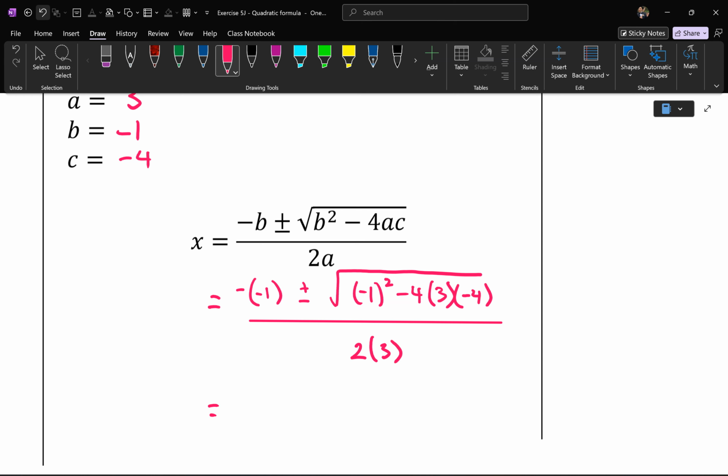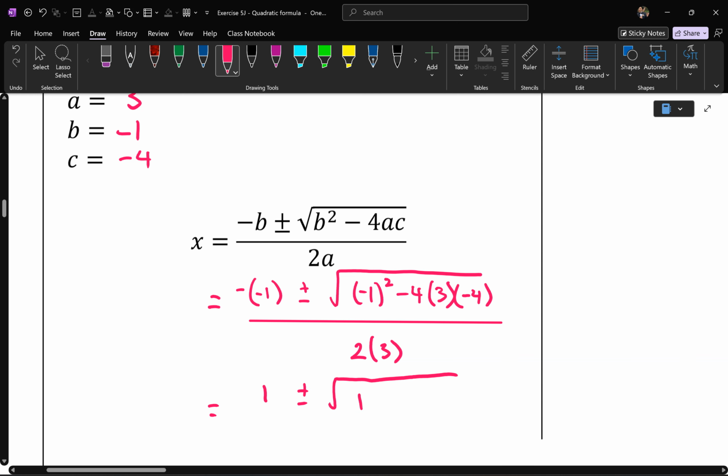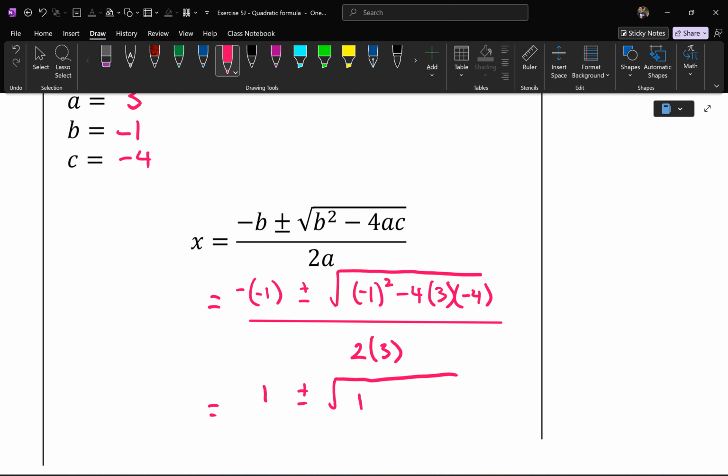Let's simplify that. Double negatives is positive, so you end up with 1 plus or minus the root of -1 squared. What is that? 1. Very good. So 1. Then -4 times 3 times -4 again. They should give you 48. So it's positive 48.